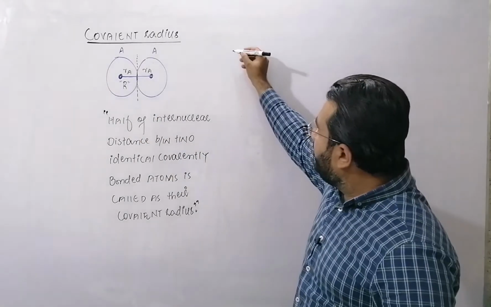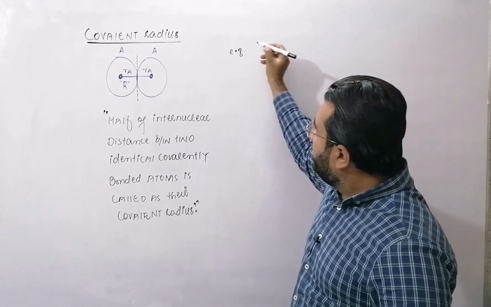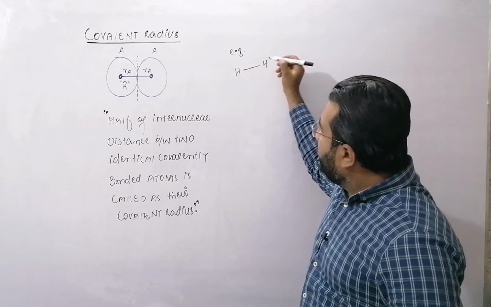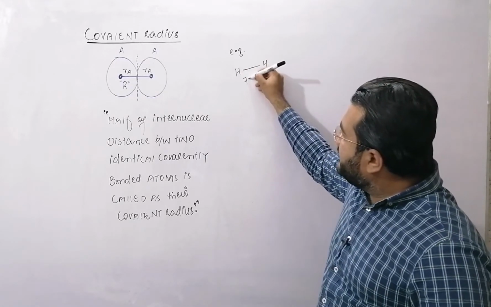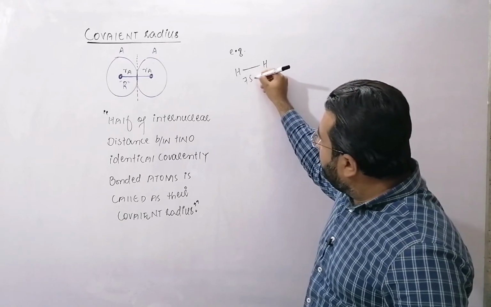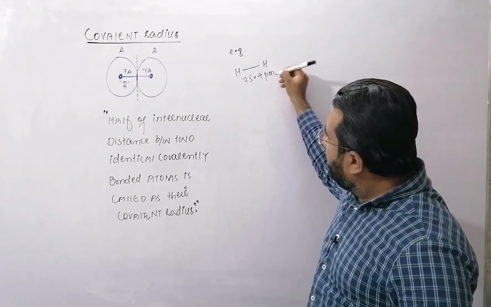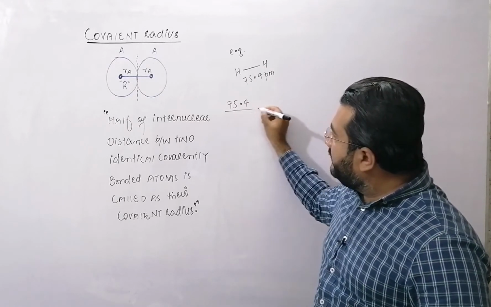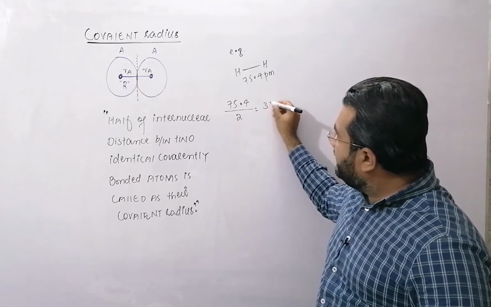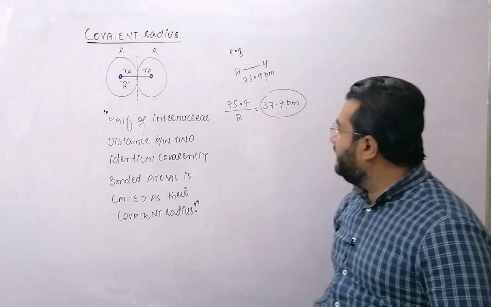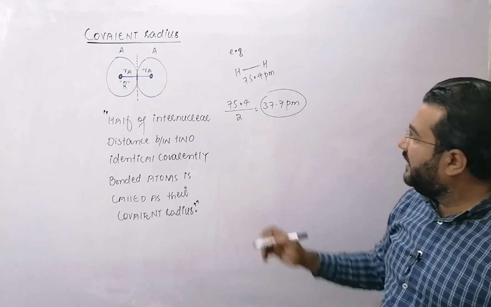Now my dear students, for example, when two hydrogen atoms are covalently bonded to each other, their internuclear distance is 75.4 picometer. Half of this internuclear distance, 75.4 divided by 2, is 37.7 picometer, and it is the covalent radius of the hydrogen atom.